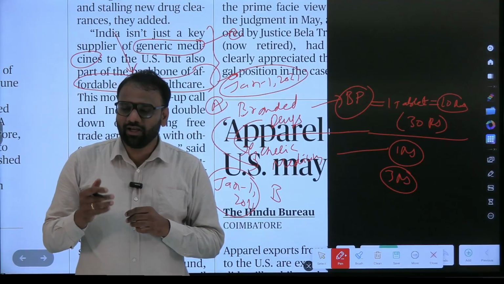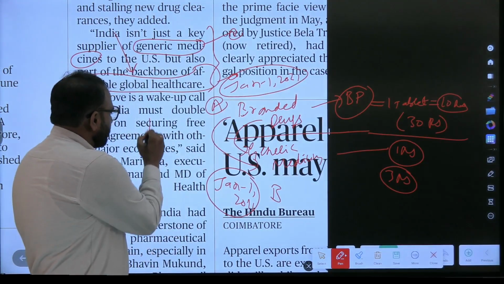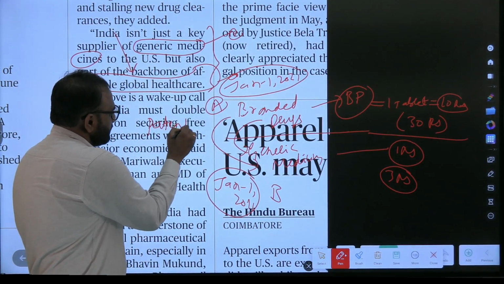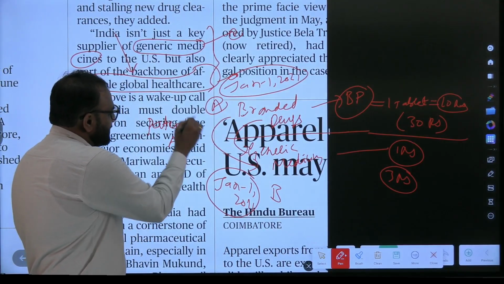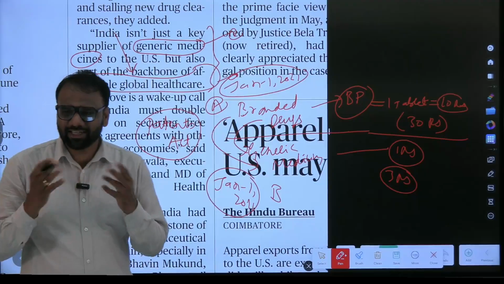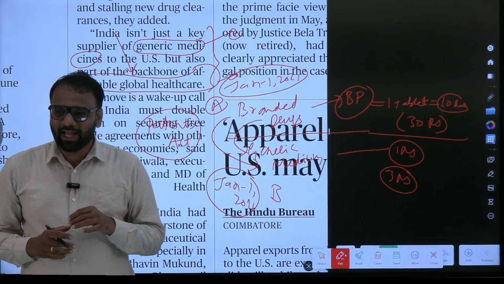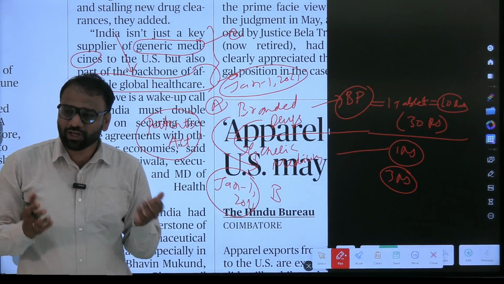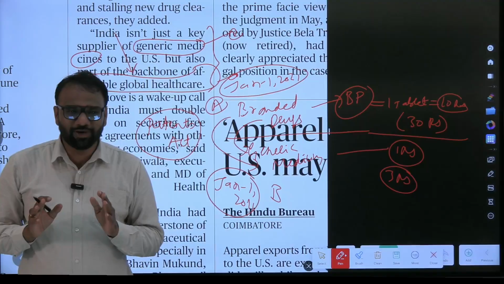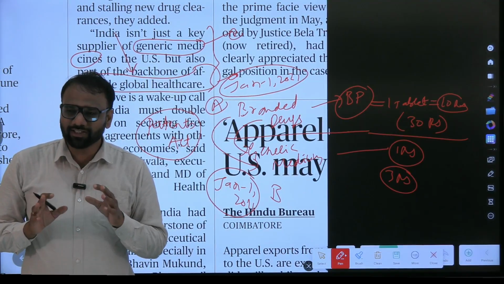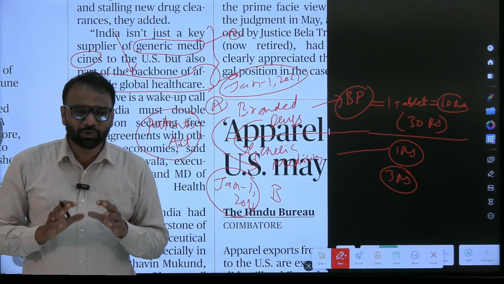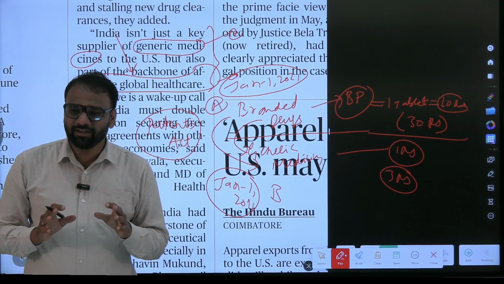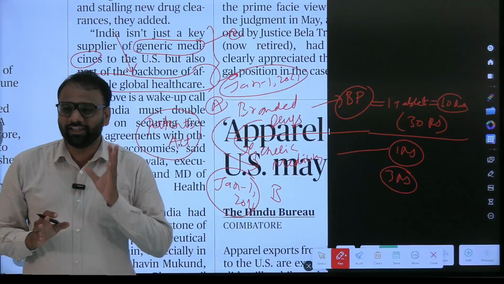So here comes the Indian Patents Act. About these things we will be discussing later on. As per the Patents Act, this generic drug manufacturer, company B, also requires government permission. But what the government has done is, whosoever wants to manufacture generic medicines has to wait for at least 5 years.